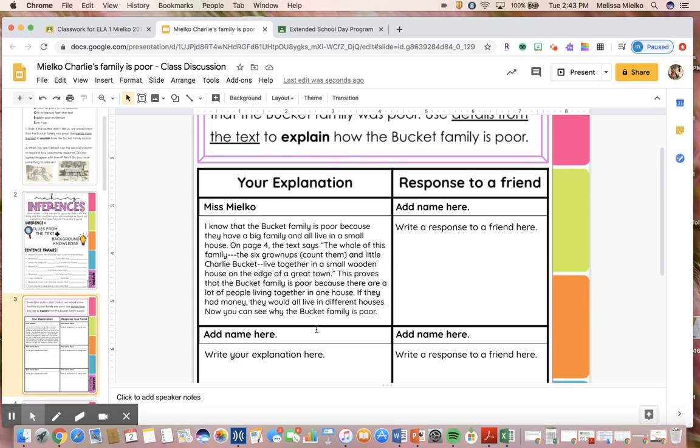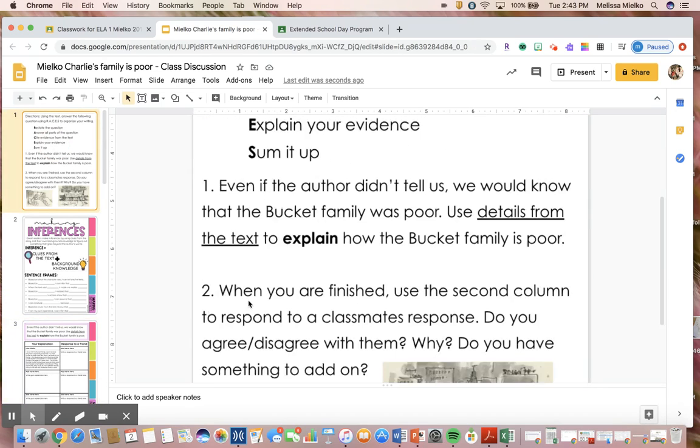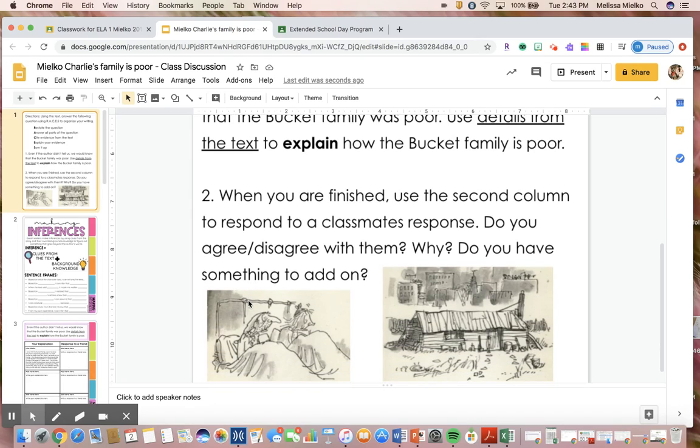There are 2 columns here. The one where you write your explanation, and the second column is where you respond to a friend. Responding to a friend goes with number 2 in the directions. When you are finished, use the second column to respond to a classmate's response. Do you agree or disagree with them? Why? Do you have something to add on?